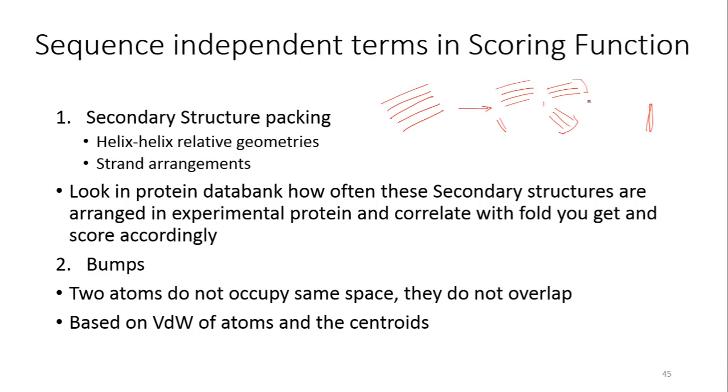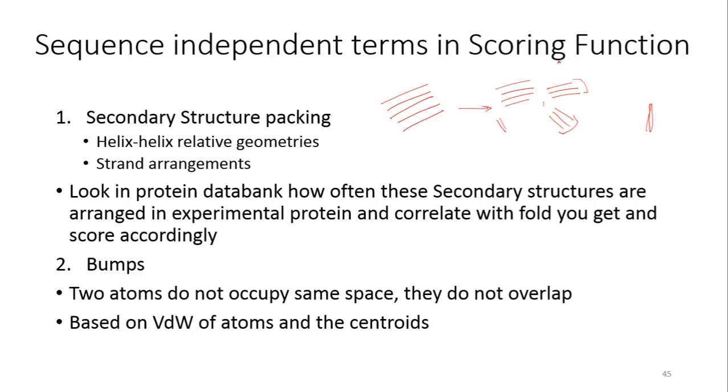So all you need to do is to correlate these secondary structure packing elements, like helix relative geometries and strand arrangement, in order to score your fold, whatever you have created, as a good fold or as a bad fold.